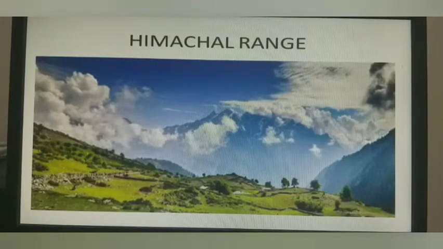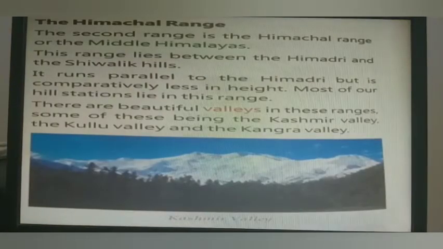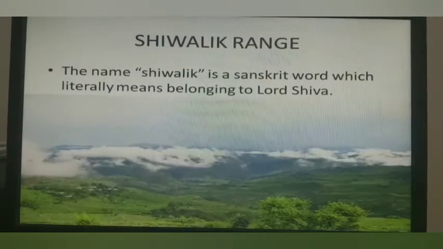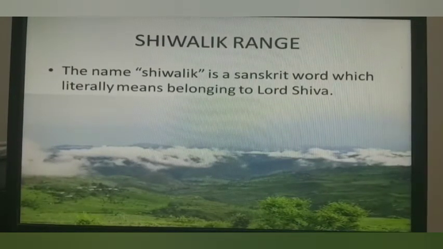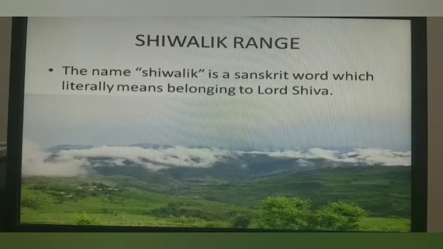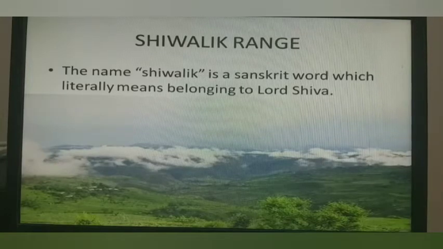It is full of valleys and hill stations. It is the second range and is also known as Middle Himalayas. Now we are going to read about the Shivalik Range. The name Shivalik is a Sanskrit word which literally means belonging to Lord Shiva, meaning the land owned by Lord Shiva.